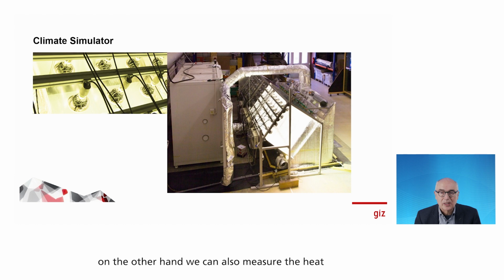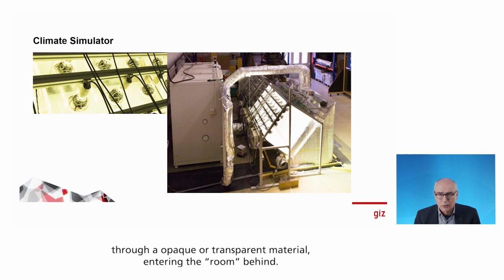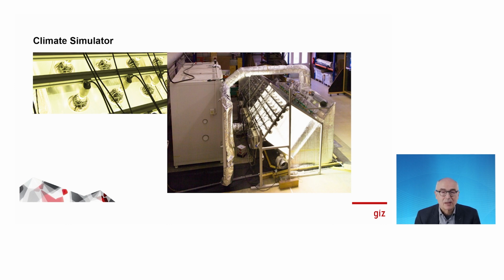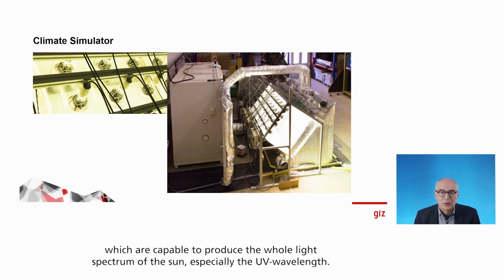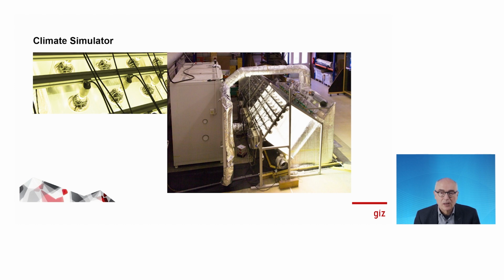On the other hand, we can also measure the heat through an opaque or transparent material entering the room behind. The device itself consists of daylight lamps, which are capable of producing the whole light spectrum of the sun, especially the UV wavelength. You can see these lamps in the left picture.